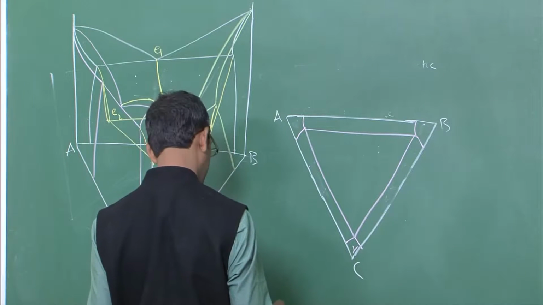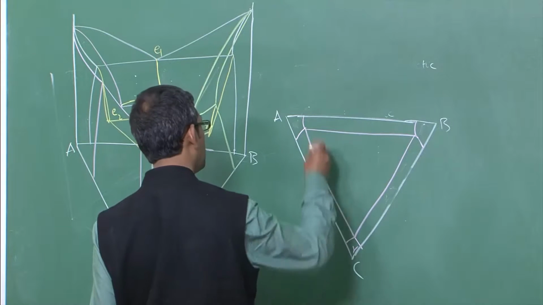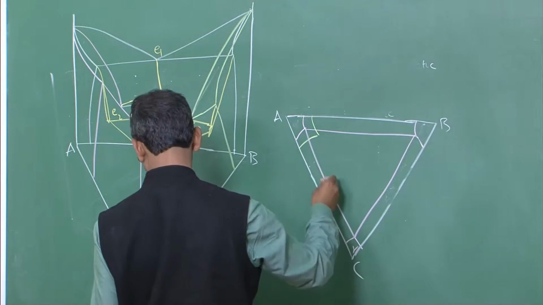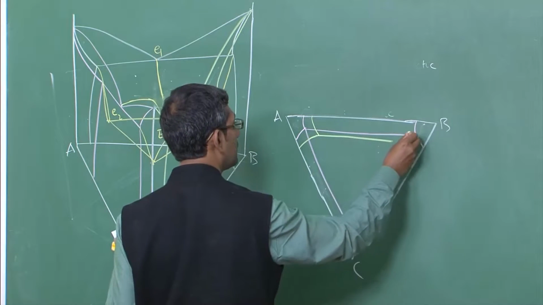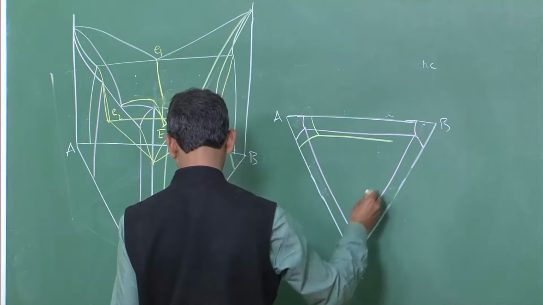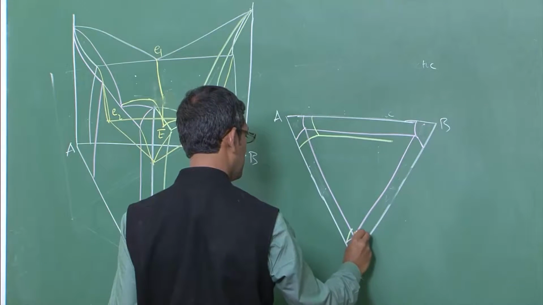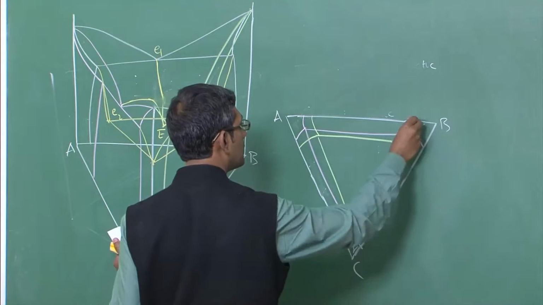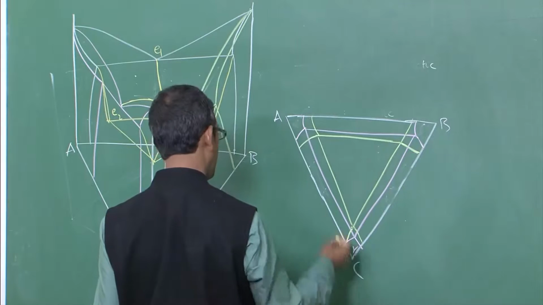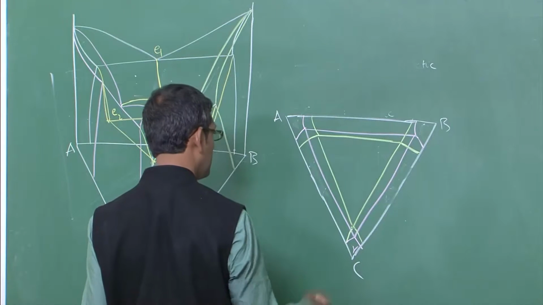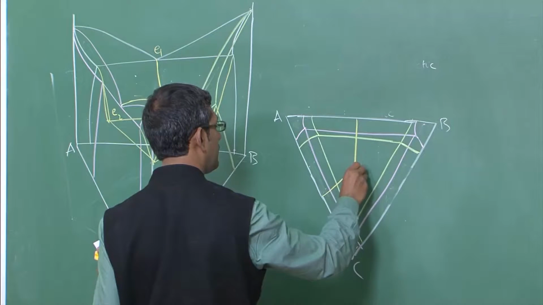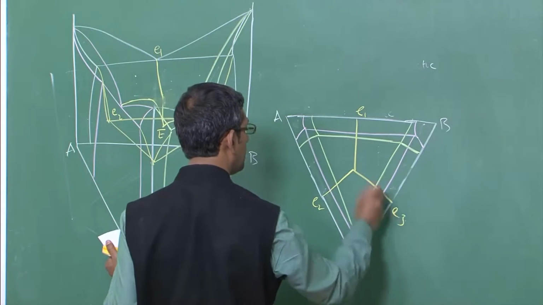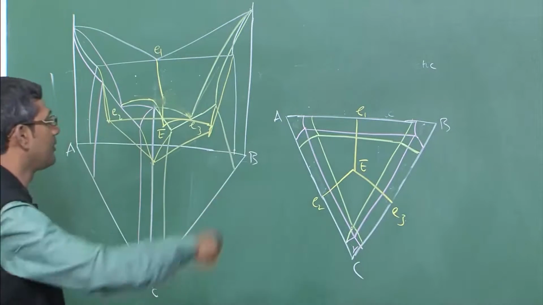And now, we can draw these projections. And finally, I can draw the 3 eutectics meeting at a point E1, E2, E3, E. So, if I project everything, this will look like this.